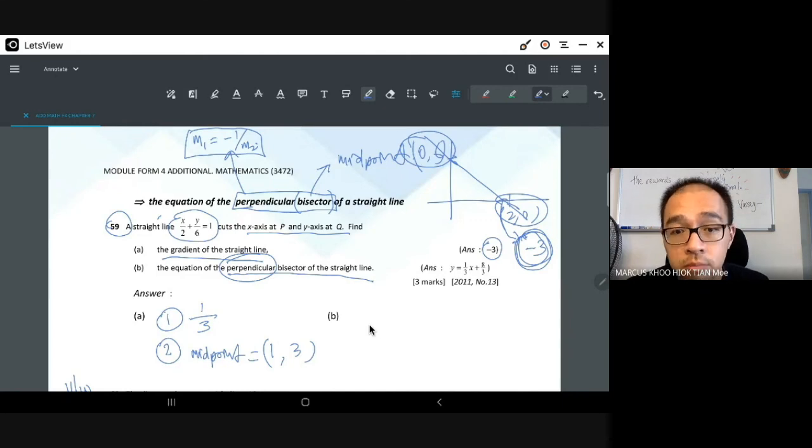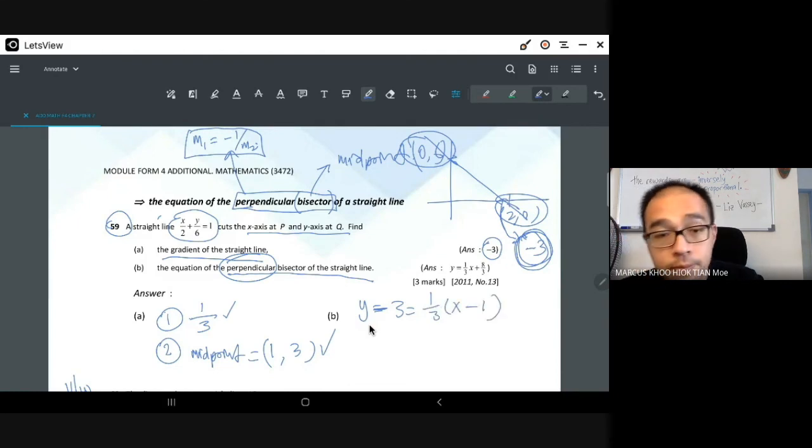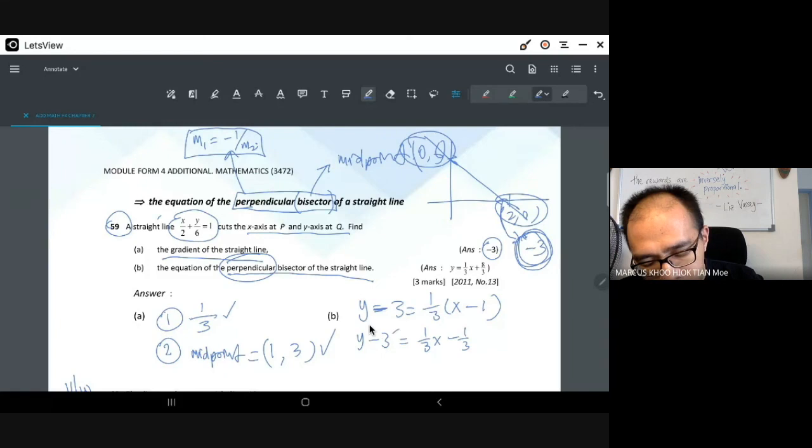So read the question. Now we have this point and this gradient. y minus 3 equals 1 over 3 times (x minus 1). So y minus 3 equals 1 over 3 x minus 1 over 3. Bring the 3 across, y equals 1 over 3 x minus 1 over 3 plus 3.